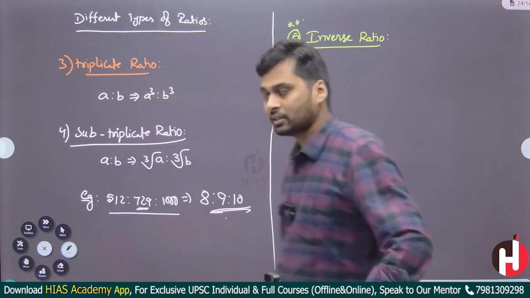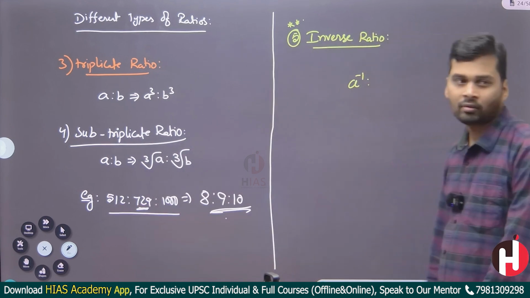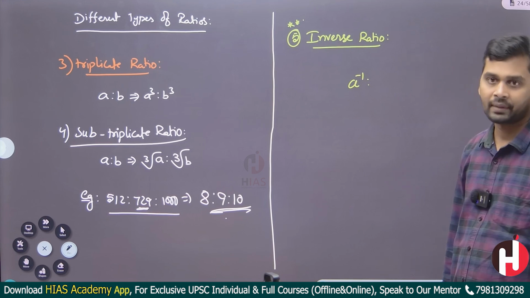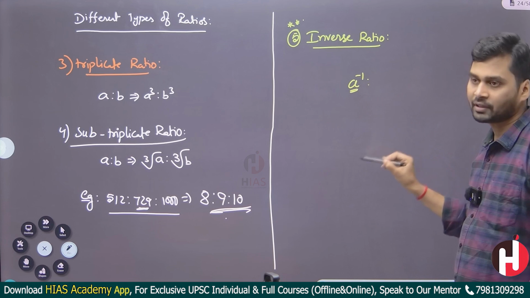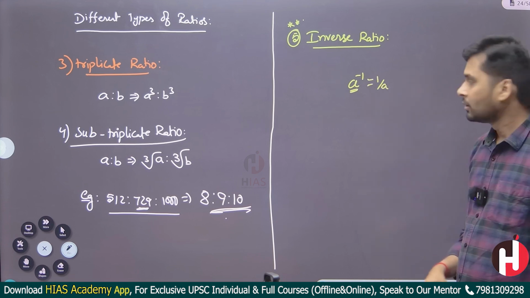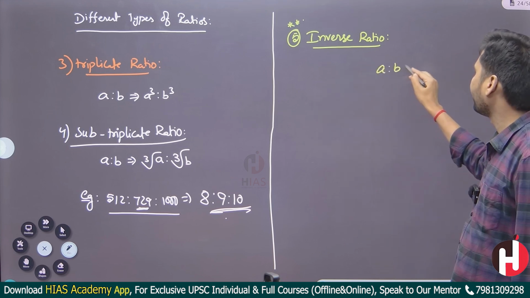Basically, what is an inverse? Suppose I take A inverse. What does A inverse mean? It means 1 by A. That is how we represent an inverse. So inverse ratio of A is to B, suppose, is nothing but what?